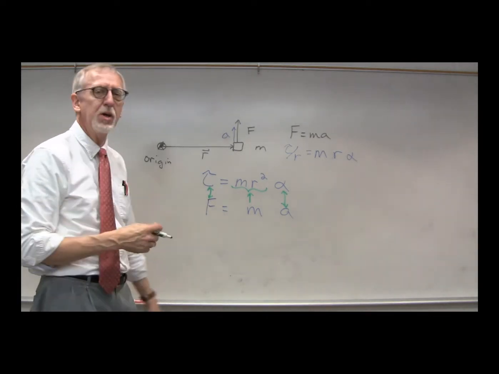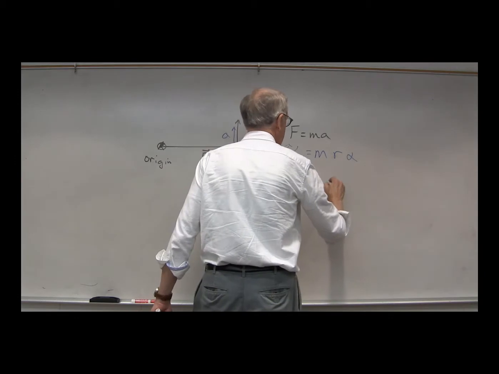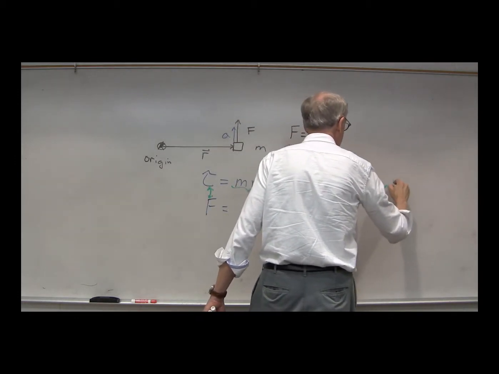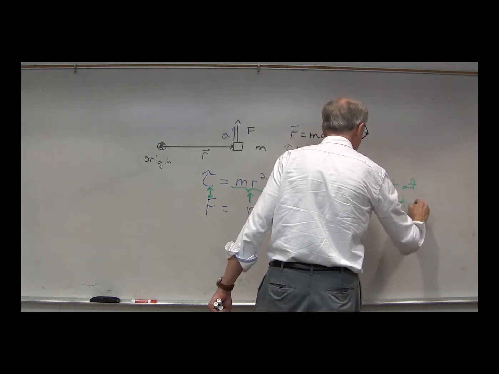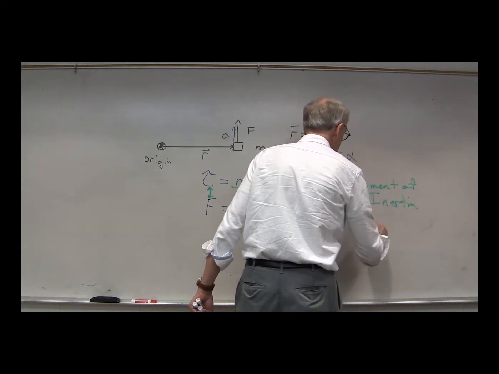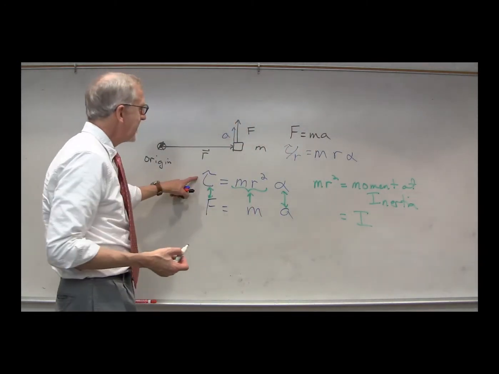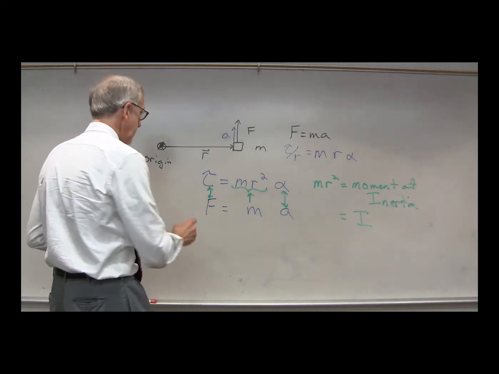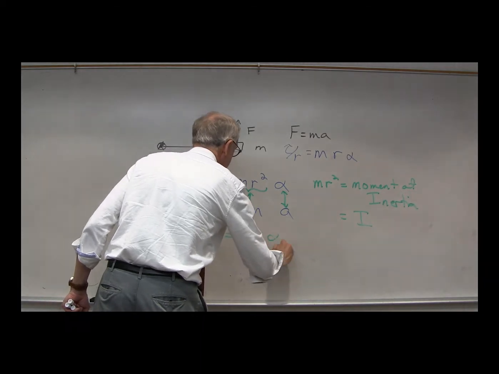That's actually what we call the moment of inertia, and we label that with a capital letter I. So we can actually rewrite Newton's second law in a rotational form: tau equals I alpha.